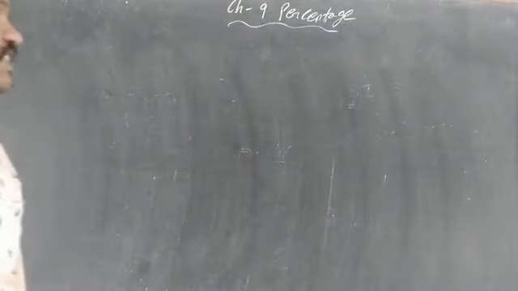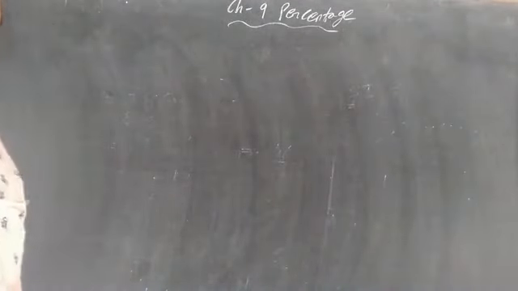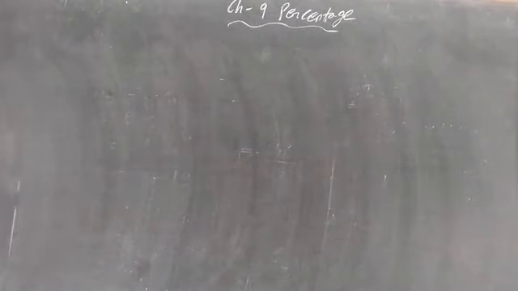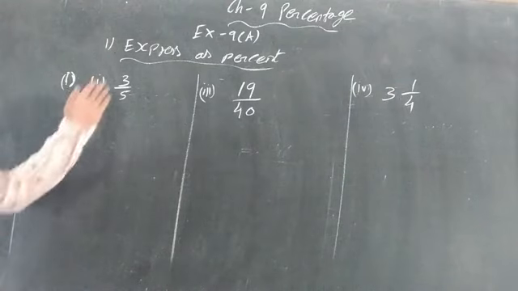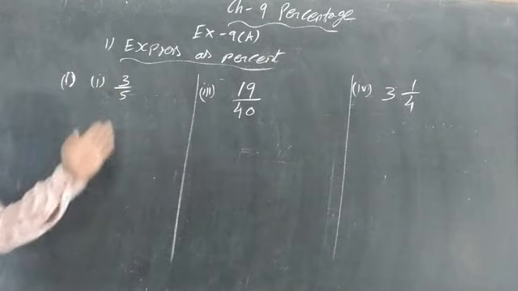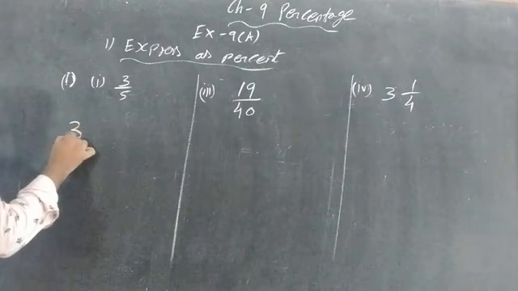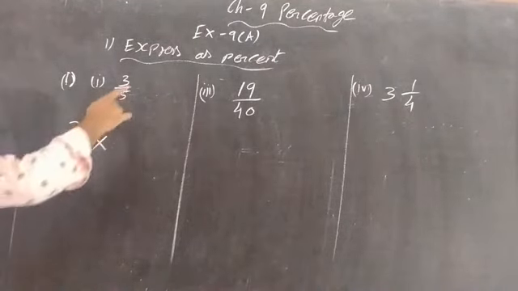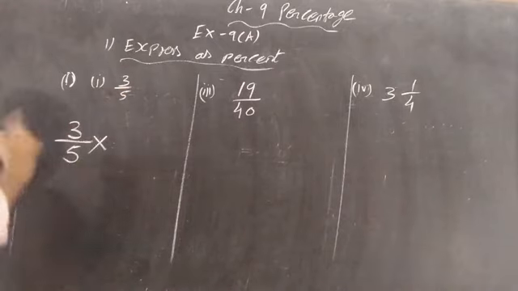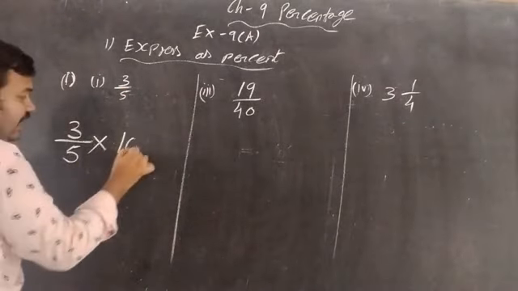So let us start with the first exercise, Exercise 9A, expressing in the form of percentage. Okay, see this sum. Express as percent. The first sum is 3 by 5. We have to write this 3 by 5 in the form of percentage. Percent is not given here, we are giving percentage, so into 100.